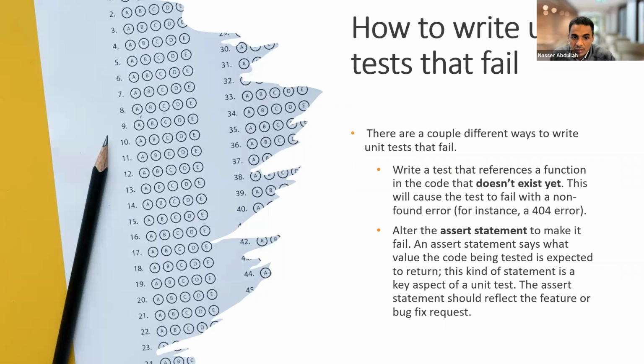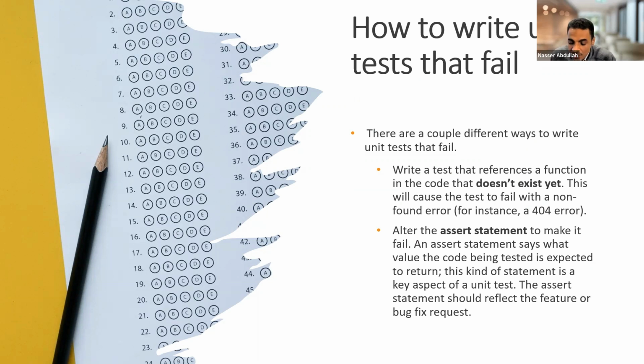So how do you make your test fail? As I told you, you can write whatever in that test. They have here two options. The first is to write a test that references a function in the code that doesn't exist. This is the easy one: the function is not there, so it will fail.